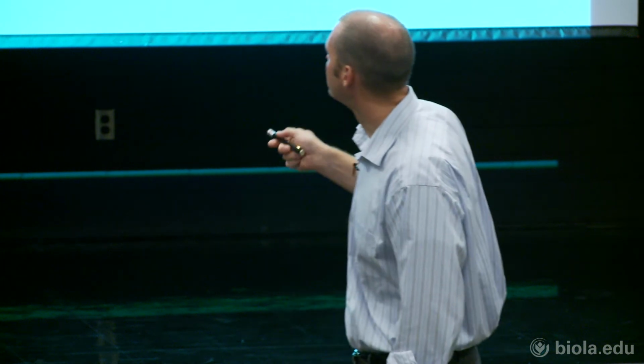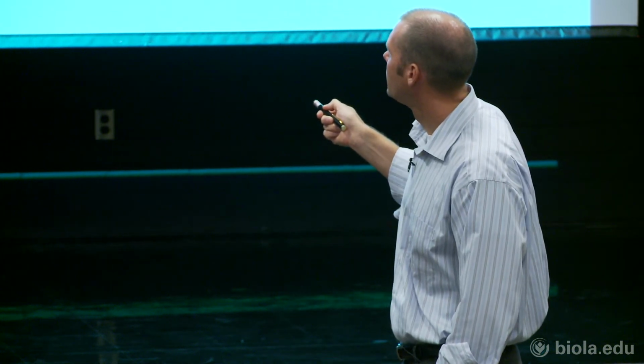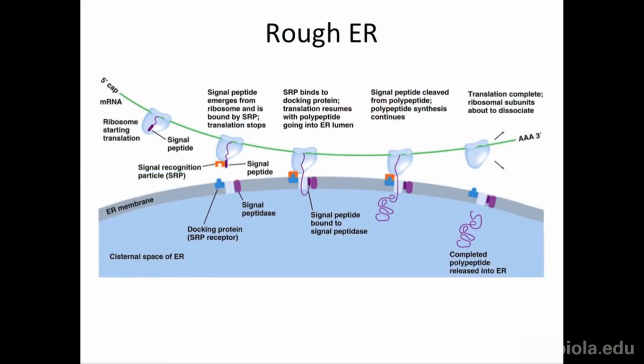That protein actually will code for certain amino acids that are like zip codes for the cell, basically. If there's a specific amino acid sequence called the signal sequence, that signal sequence is bound by a certain other protein in the cell.